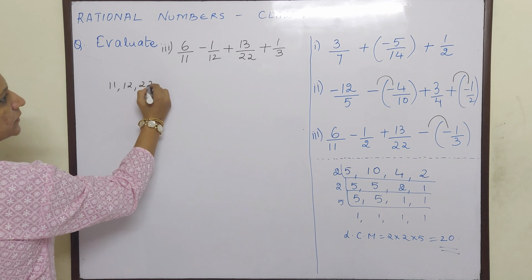So 2 ones are 2, 2 elevens are 22 and 3. Then 3 ones are 3, and last, 11 ones are 11. So our LCM is 2 into 3 into 11, that is 66. Now our next step is to convert all these rational numbers into denominator 66.